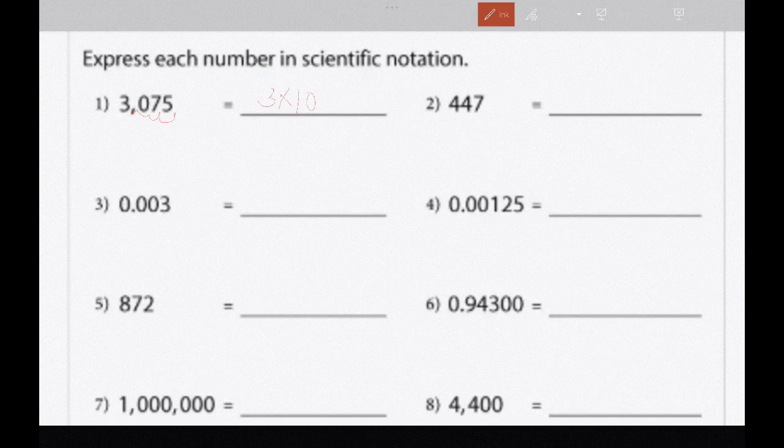So that is 3. So the answer will be 3 times 10 to the power of 3. That is positive. Next, assume we have decimal point here. So 1, 2. We got 4.47. So 4.47 times 10 raised to 2.